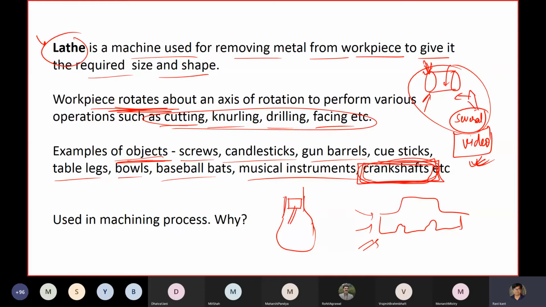So this is your cylinder, this is your piston which goes to and fro, this is your connecting rod, and this is your crankshaft. This crankshaft is manufactured or machined by the lathe machine.